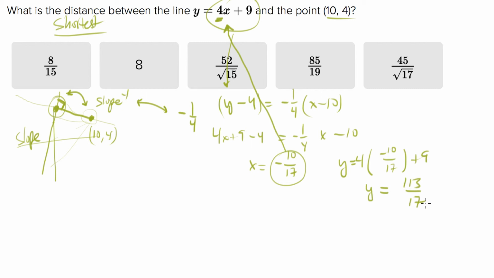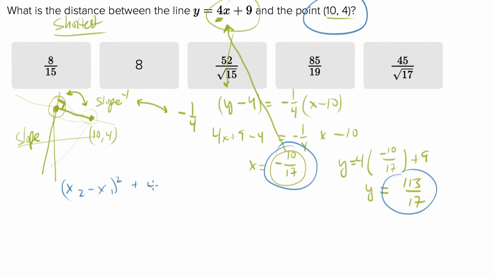This is a place where, if you have a nice graphing calculator, this is really where you want to leverage that. So suppose you got that. Now we're going to do the distance formula between this point. So think of this as the x-coordinate and y-coordinate of a new point, and here's the x-coordinate and y-coordinate of the original point. The distance formula is the square root of (x2 minus x1) squared plus (y2 minus y1) squared.